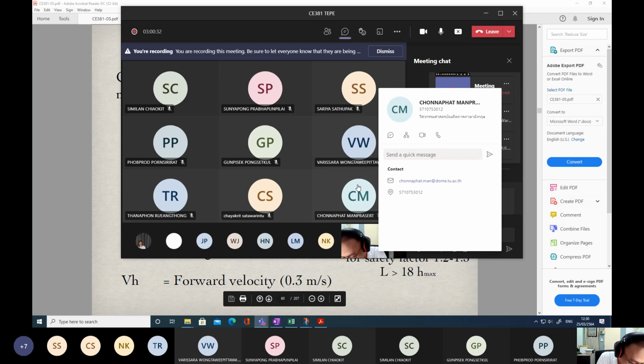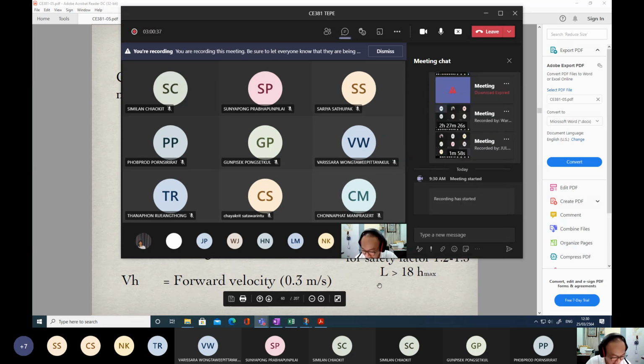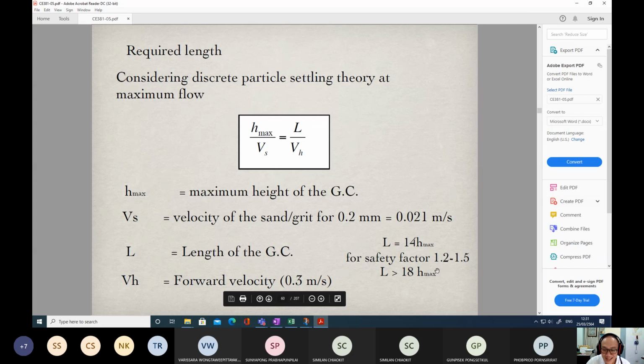Okay. That is why we are taking 1.2 to 1.5 times, so that we prefer to make the length approximately longer than 18 times the maximum depth.